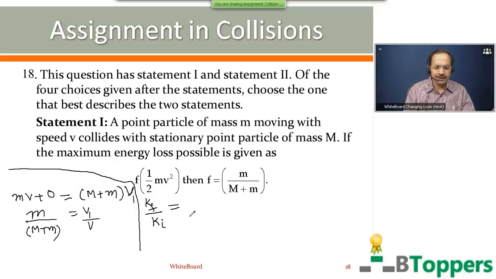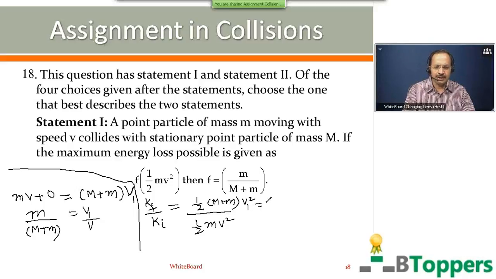Ki represents the initial kinetic energy just before collision. That is equal to the initial kinetic energy of the first particle of mass small m, which is equal to half small m into v square. Kf is the final kinetic energy of the combined mass of the system of the two particles just after collision. That you can write as half (capital M plus small m) into v1 square.